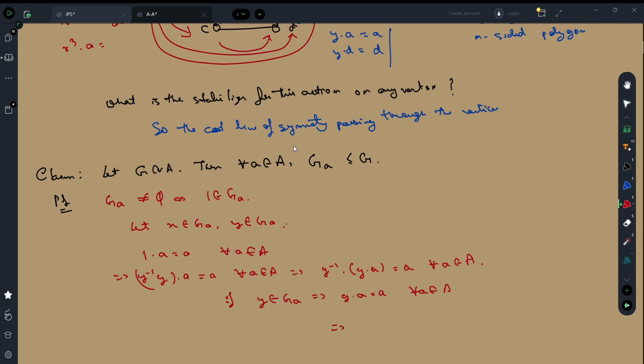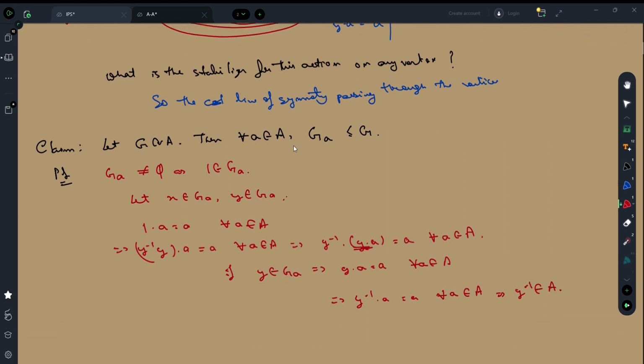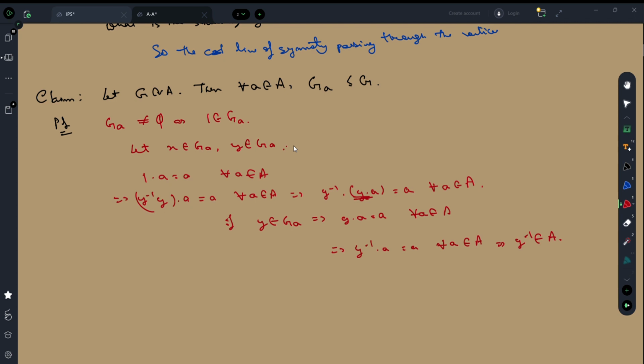So if y dot a is a, then we can put it here. That implies y inverse dot a is a for all a in A. So if y is in G of a, then y inverse is also in G of a. We have already shown that inverses of every element exist, so I guess it's sufficient to show the closure property only.